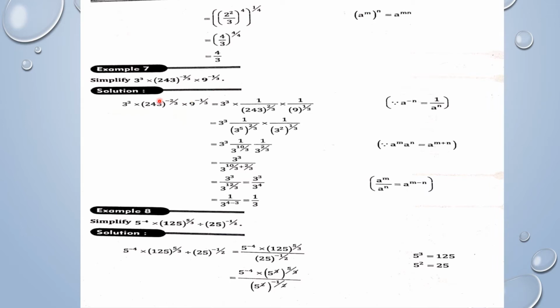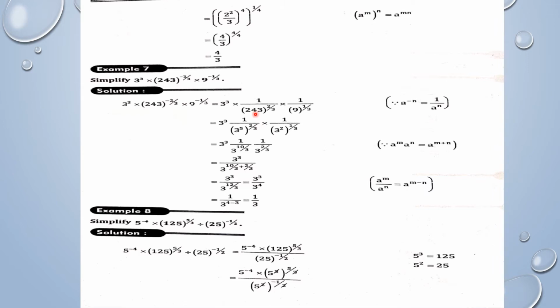Next problem. 3 cube into 243 to the power of minus 2 by 3 into 9 to the power minus 1 by 3. So 3 cube is written as 3 cube itself. 243 has a minus, so according to the law you will write it as 1 divided by 243 to the power 2 by 3. And once again 9 to the power minus 1 by 3 is written as 1 divided by 9 to the power 1 by 3.